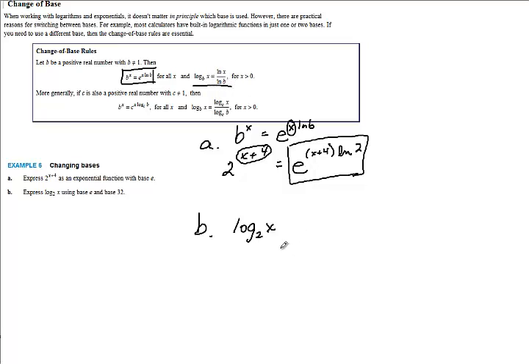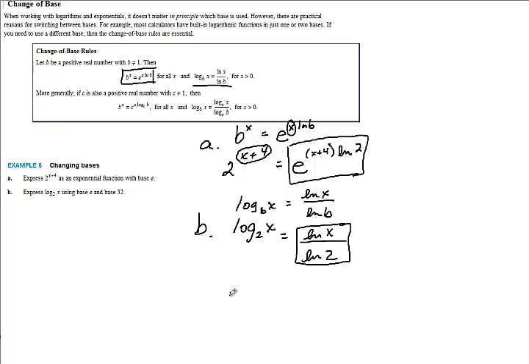So I'm going to write log base b of x is the natural log of x over the natural log of b. In this case my x is my x and my b is 2, so it's the natural log of x over the natural log of 2. That's my answer. Okay, done with that one.